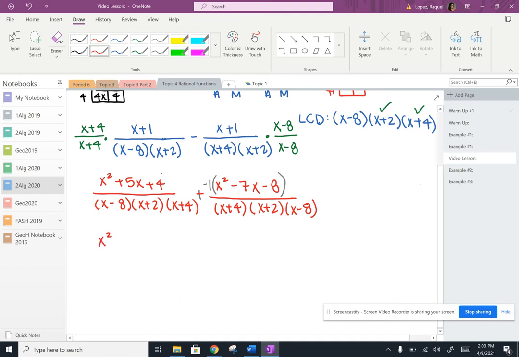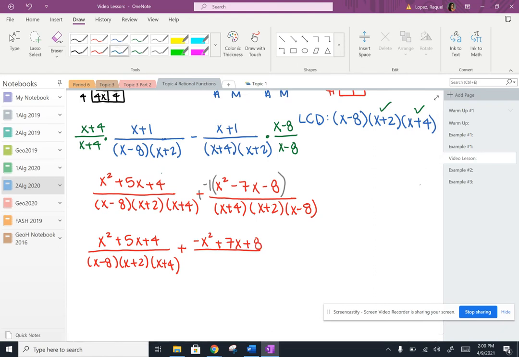So I'm going to copy down that first fraction, x minus 8, x plus 2, x plus 4. Okay, I'm going to turn that into a plus sign. Now, the second fraction is going to be negative x squared plus 7x plus 8. And the reason all those signs changed is because I multiplied all of them by a -1. Okay, I'm going to keep that denominator.